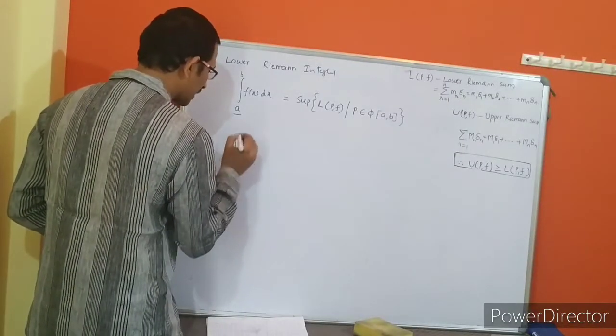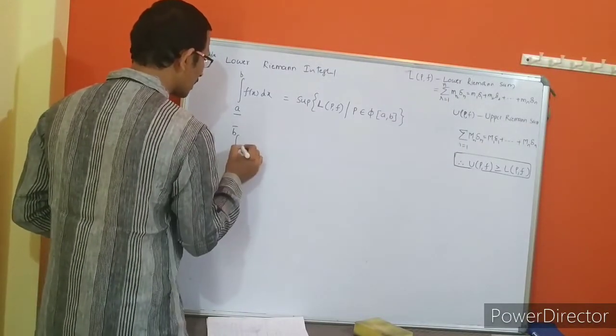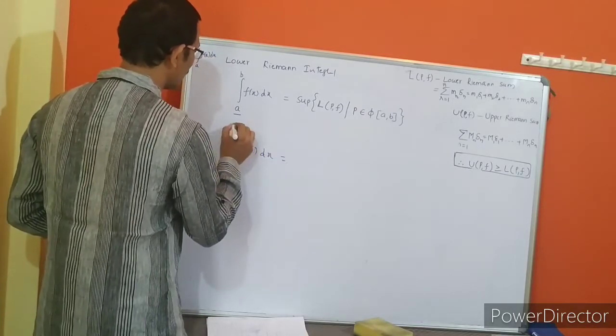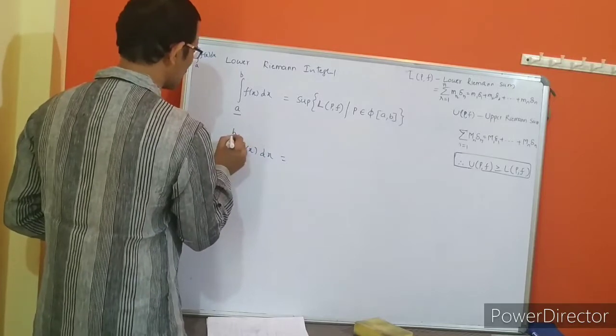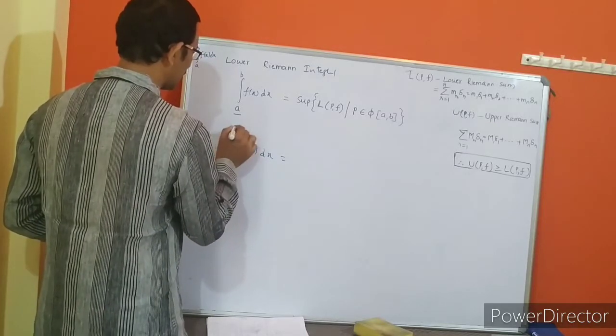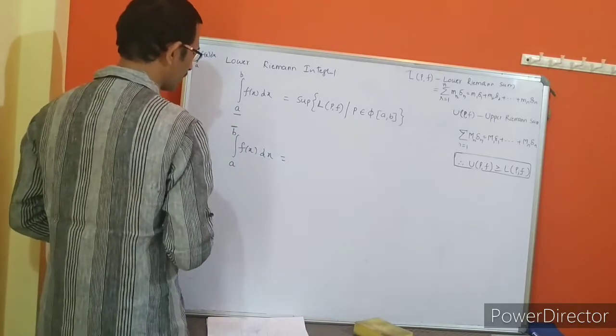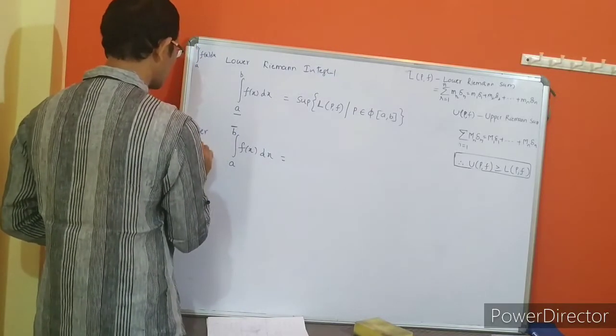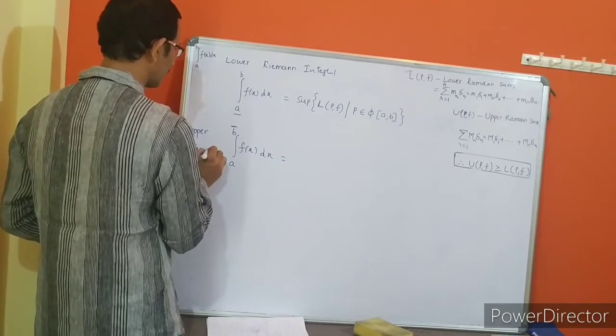Similarly, the upper Riemann integral is denoted by a to b f of x dx, again with an underline here, or sometimes people write it like this. This is called the upper Riemann integral.